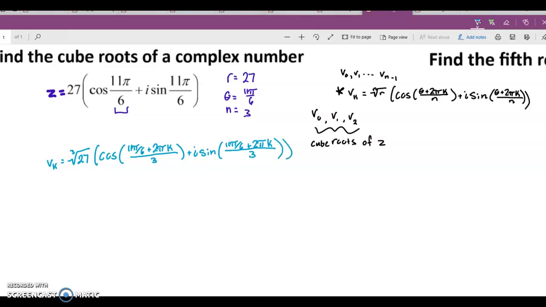Now all that we have to do is plug and chug with different values of k. k is going to be equal to 0, k is going to be equal to 1, and k is going to be equal to 2.